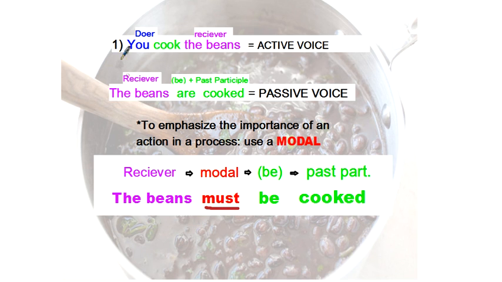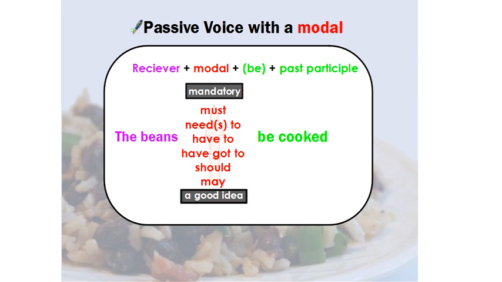Okay? So, let's look at some other modals that function the same way to emphasize the passive voice. For example, I have these mandatory verbs: must, need or needs to, have to, and have got to. Those are all very mandatory, like an obligation, like you do not have a choice, right? But I also have should and may, and those are more like a good idea.